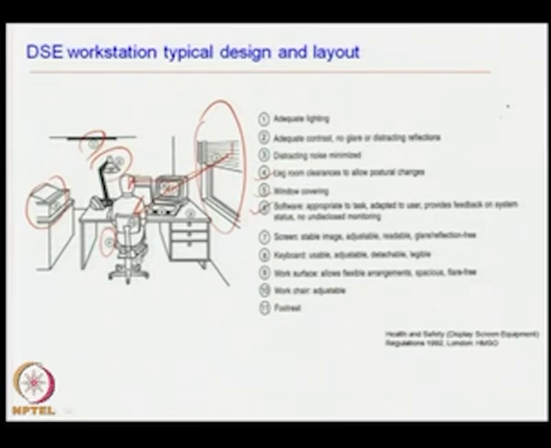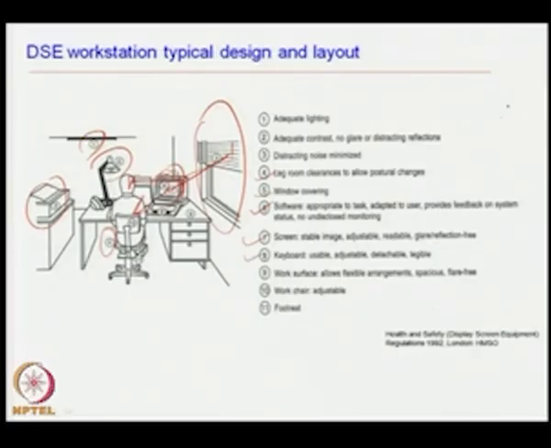Number 6, the software and how we are working. The software appropriate to task, adapted to user, provides feedback on system status, no undisclosed monitoring. So, the clear vision should be here. Then screen: stable image, adjustable, readable, glare and reflectance free is necessary.